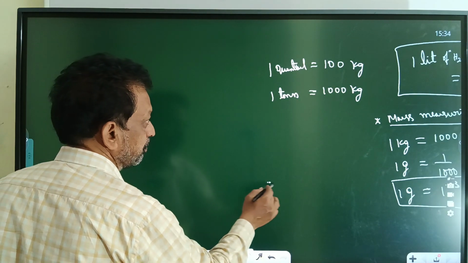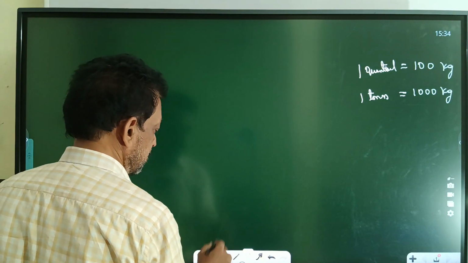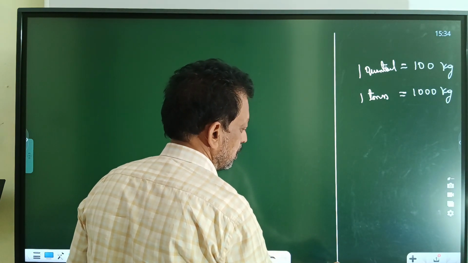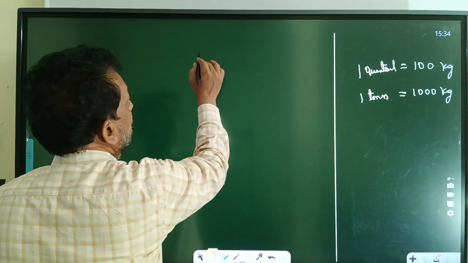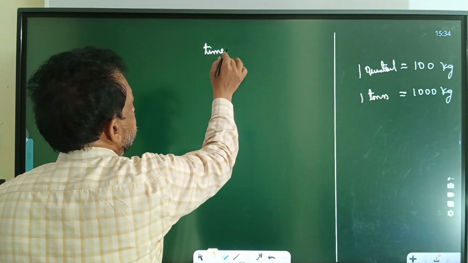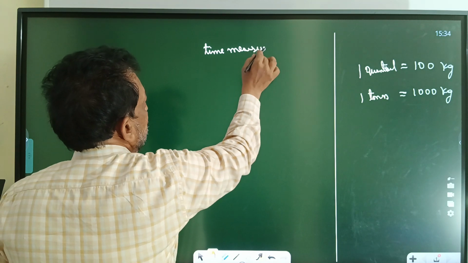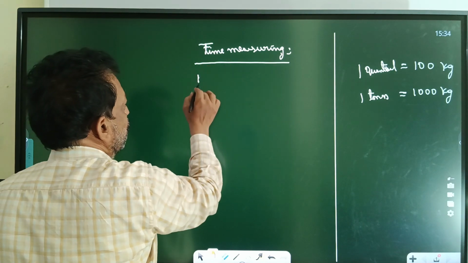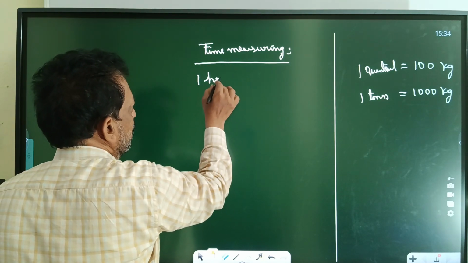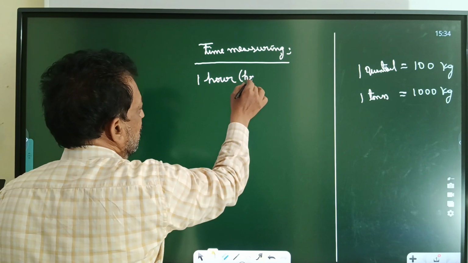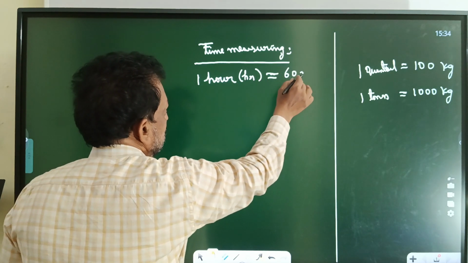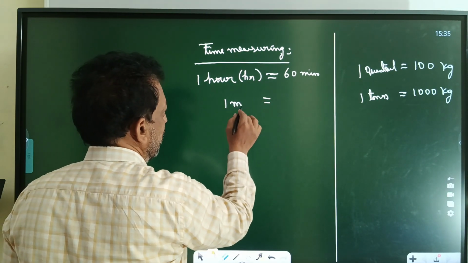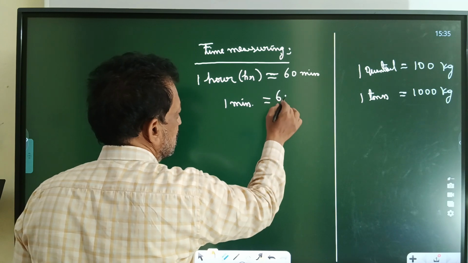Next, time measuring. In time measuring, all of you know the time. 1 hour, short for HR, is equal to 60 minutes. 1 minute is equal to 60 seconds.